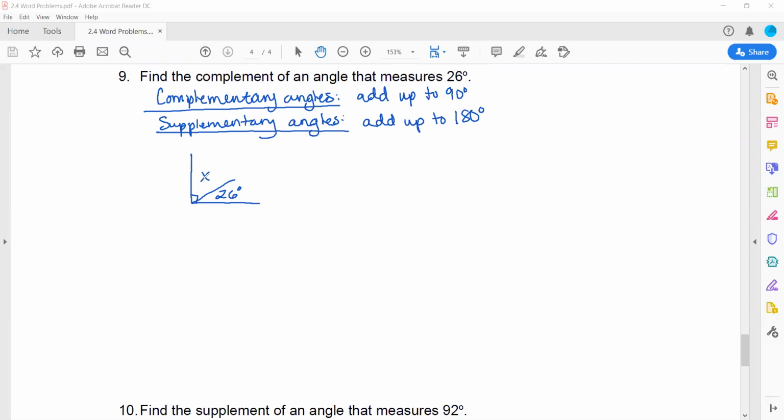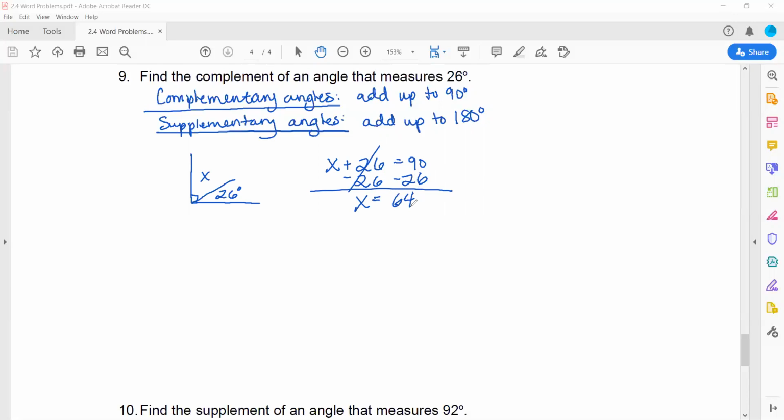So we're going to say that these two angles, X plus 26, should give us 90 because they're complementary. And then if we subtract 26 from both sides, we get X equals, subtract 20, you get 70, subtract 6 more, you get 64.